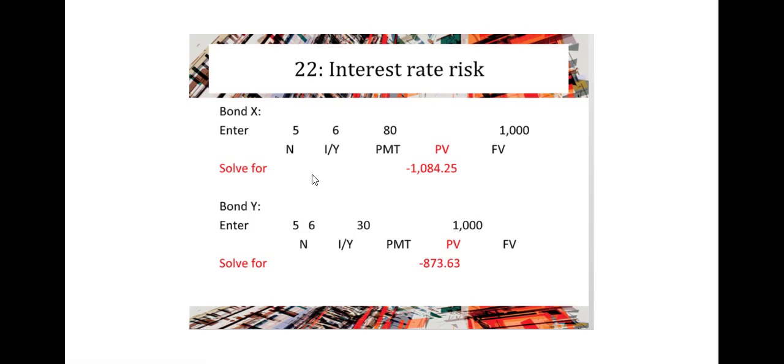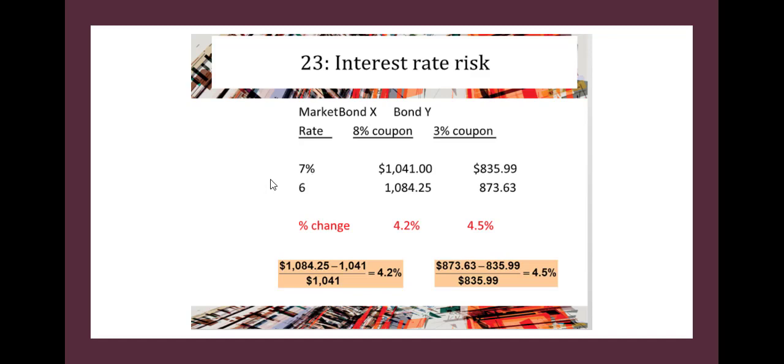So as this slide illustrates, the 3% coupon payment bond increased in price by 4.5% in response to the market rate decrease to 6% from 7%. The 8% coupon bond only increased in value by 4.2%.